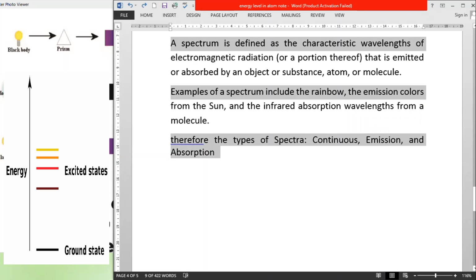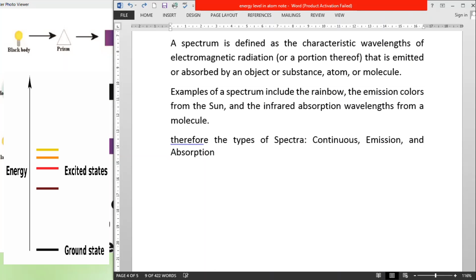The emission of colors from the sun gives us emission spectra, while the infrared absorption of wavelength gives us absorption spectra. So we have the continuous spectra, which is the rainbow, emission spectra, which is emission of colors, and absorption spectra, which is absorption of wavelength from molecules, right?